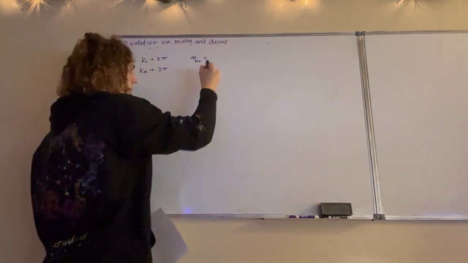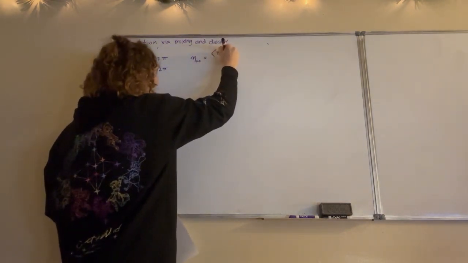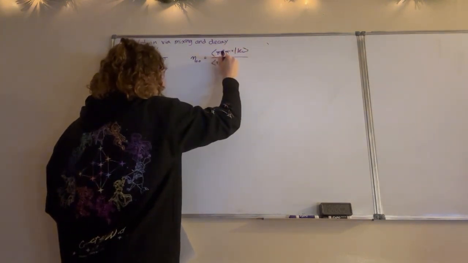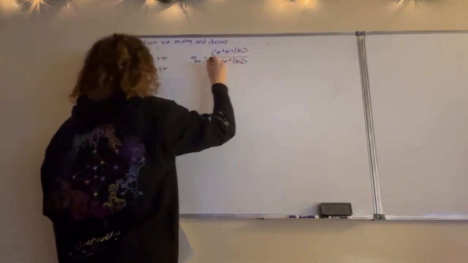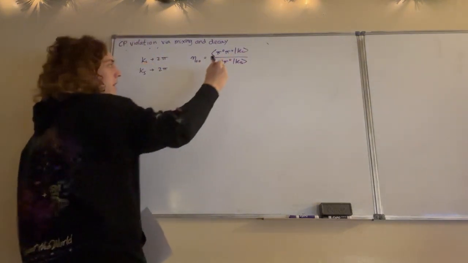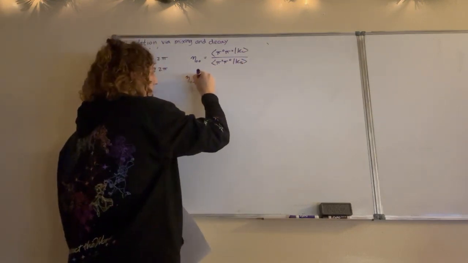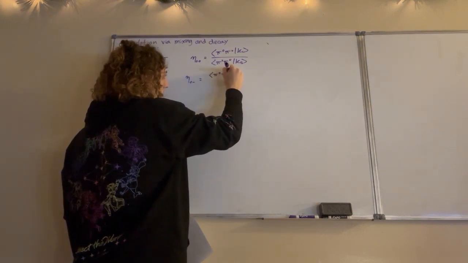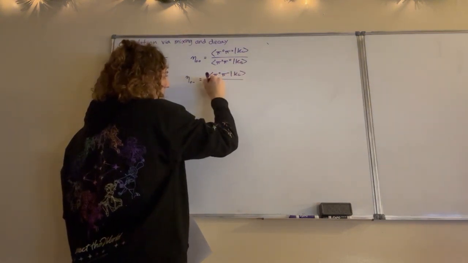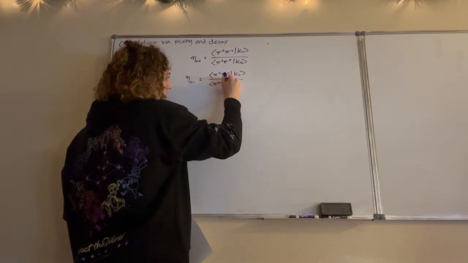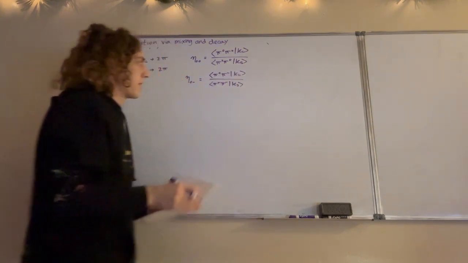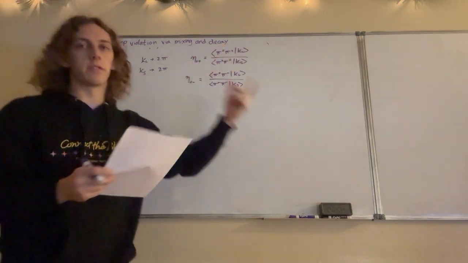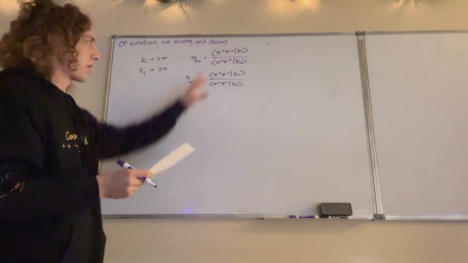We have eta 0,0, which gives pi 0 pi 0 KL over pi 0 pi 0 KS, and then eta plus minus is equal to pi plus pi minus KL over pi plus pi minus KS. Right, so since these are neutral, these can decay either into pi 0, or pi plus pi minus, and then we can define the ratios of the two.